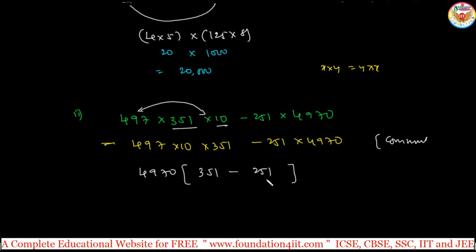Okay, this is using the distributive property. Then 4970 into 351 minus 251, which is 100. So finally 4970 with 2 more zeros, so 4,97,000. By just rearranging, these are the problems we can solve for these properties in multiplication.